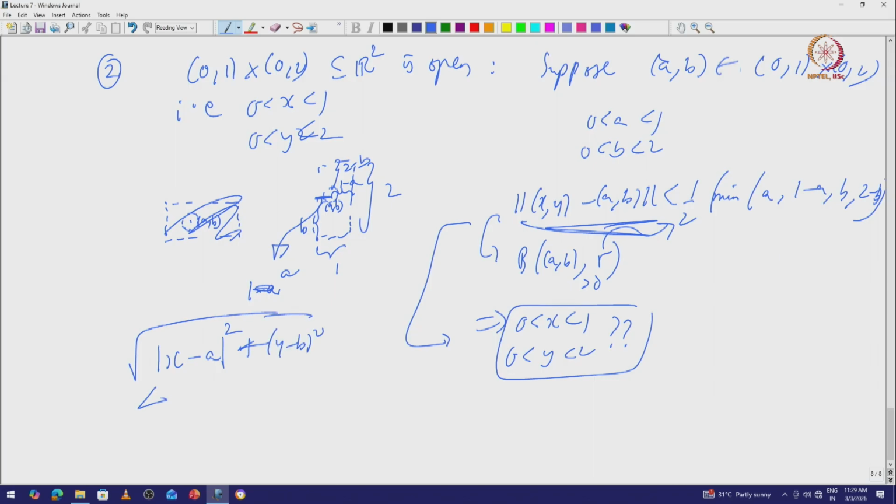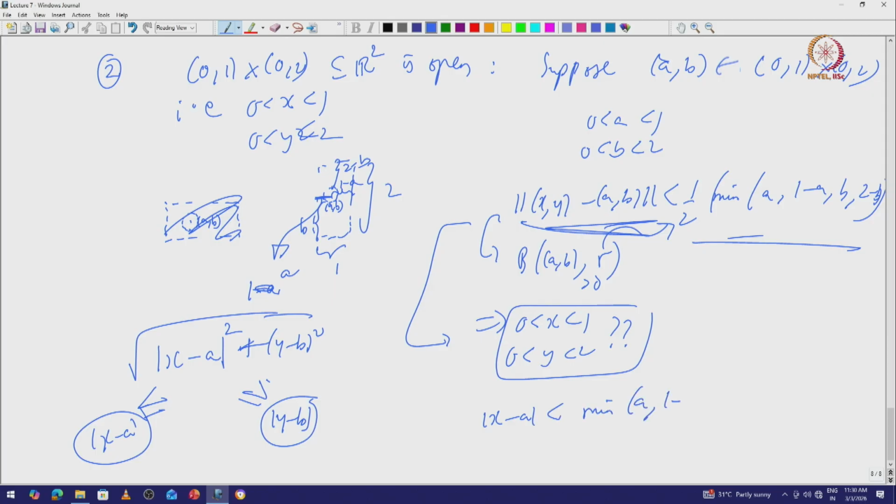In particular, it's certainly larger than |x minus a|. It's also larger than |y minus b|. So |x minus a| is less than this, and |y minus b| is certainly less than this. So |x minus a| is certainly less than the minimum of a and 1 minus a, divided by 2, because if you add more things, this minimum will only reduce. Likewise, |y minus b| is certainly less than this. So this means x is indeed larger than 0, less than 1, and likewise for y.